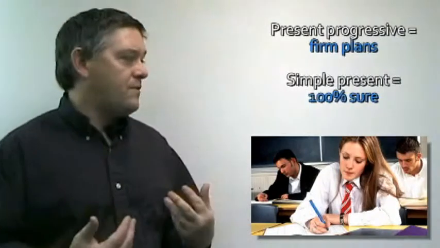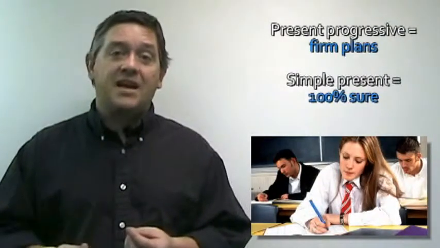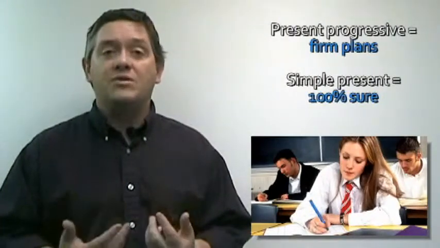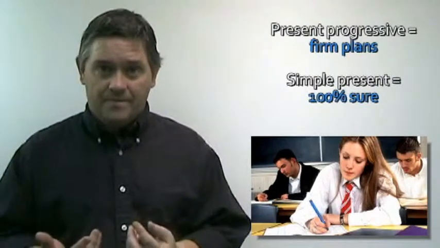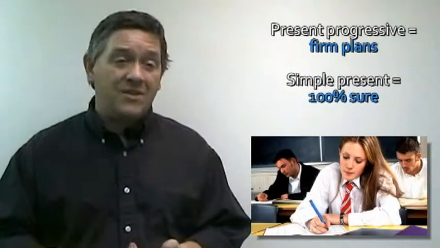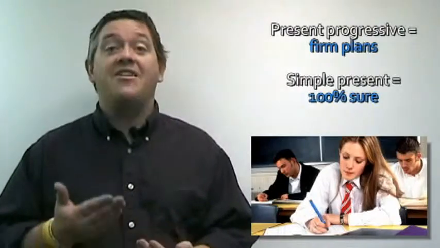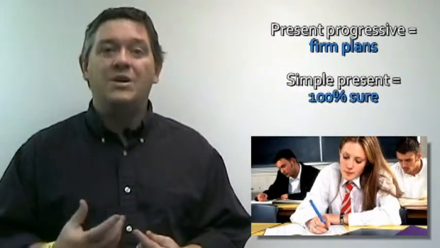So, let's review. When we want to talk about the future, for plans that are very firm, we are almost sure we are going to do them, we use the present continuous. For plans that are 100% sure, for activities that we know will happen, and mostly we know because they've been written down someplace for everybody to see, we use the simple present.